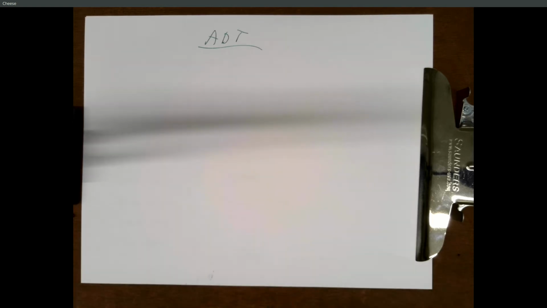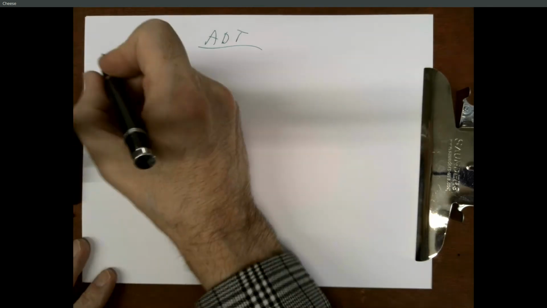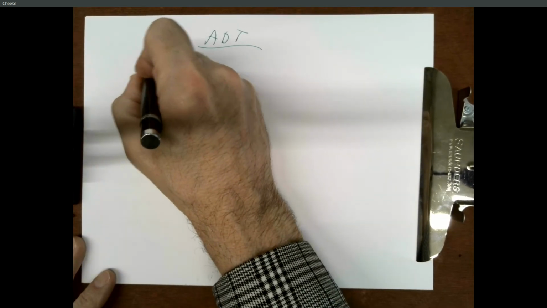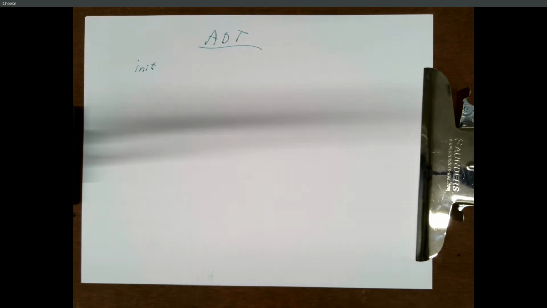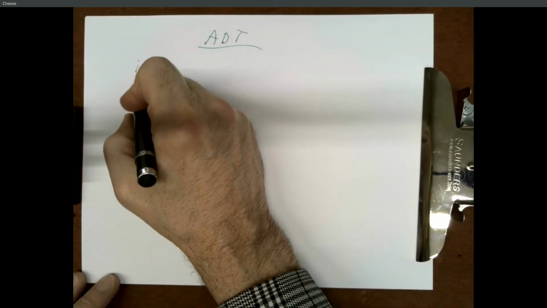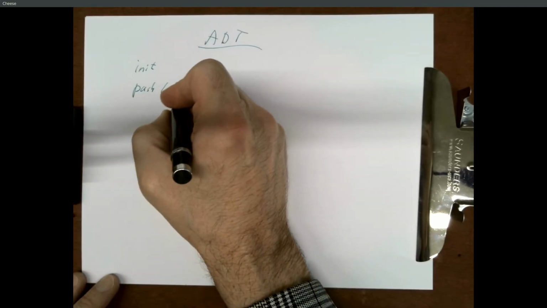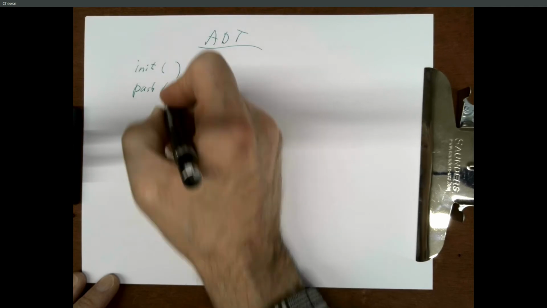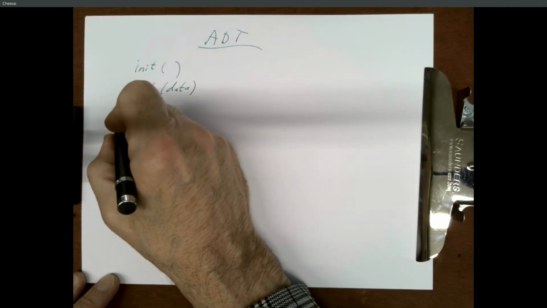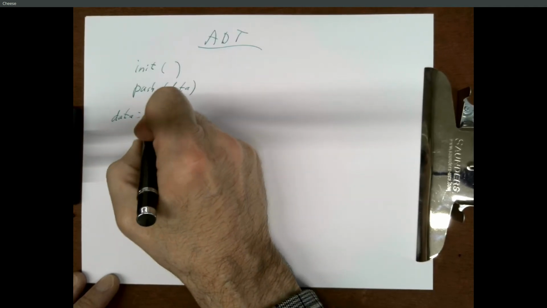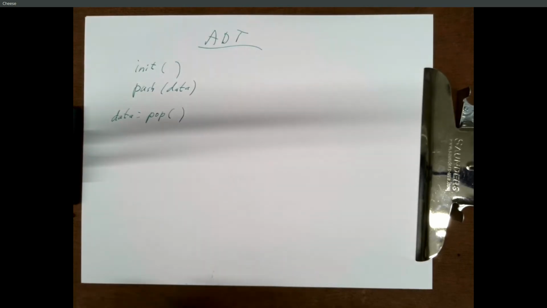We're looking at how we interface, how we interact with a stack, and there's really just a few things that we want to do. We usually want some kind of initialization. So create an empty stack, for example. We want to be able to push data. We want to be able to pop from the stack and return whatever was at the top of the stack.